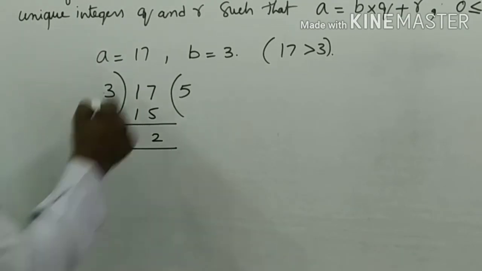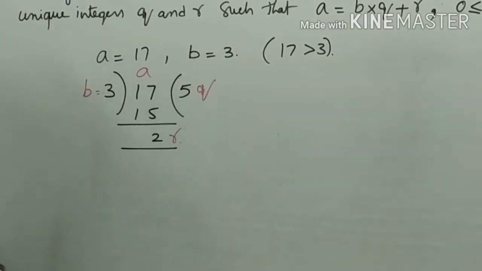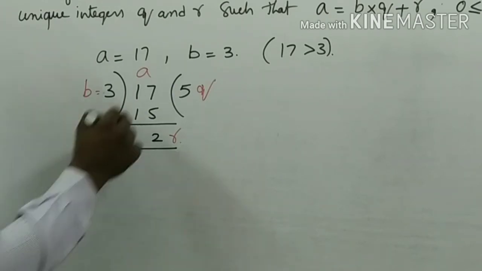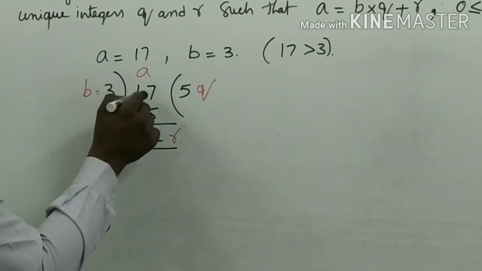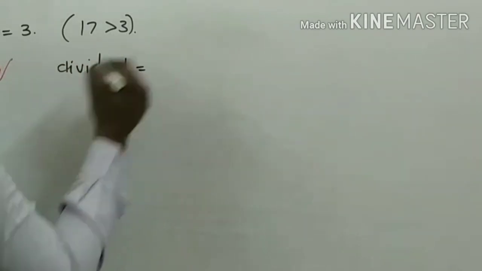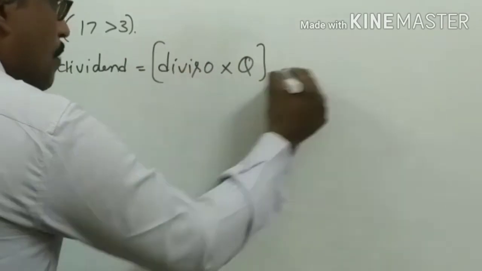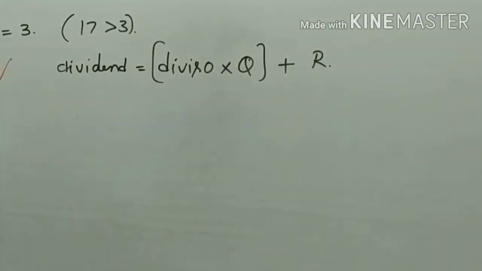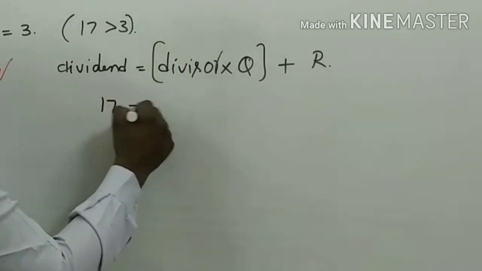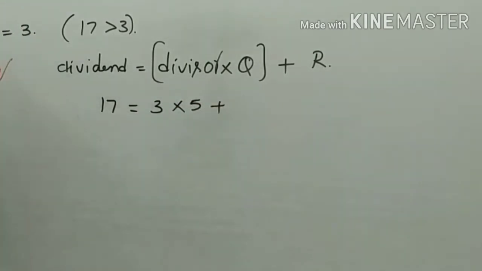If I divide A with B, then it is Q and the remainder is R. Then we have a division rule: dividend is equal to divisor into quotient plus remainder. So dividend 17 is equal to divisor 3 into 5 plus remainder 2.